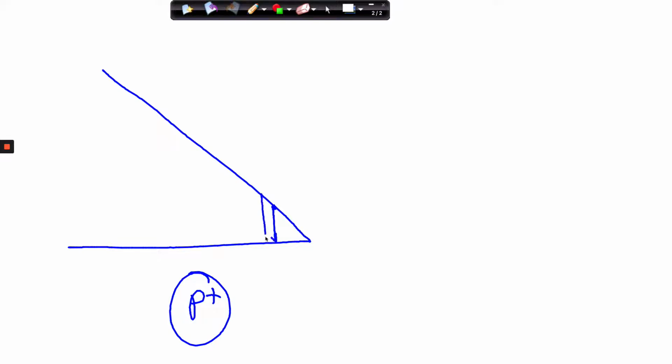But if the electron was here, or here, or here, or here, or even here, what you would find out is that an atom would release an infinite number of different photons of energy.